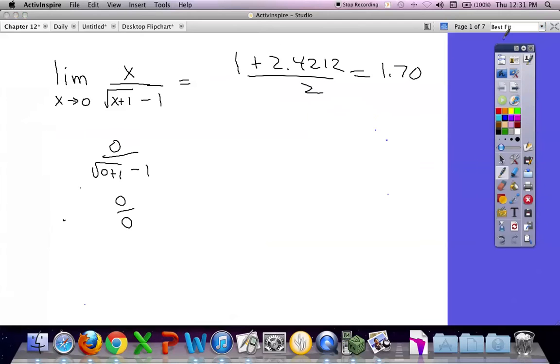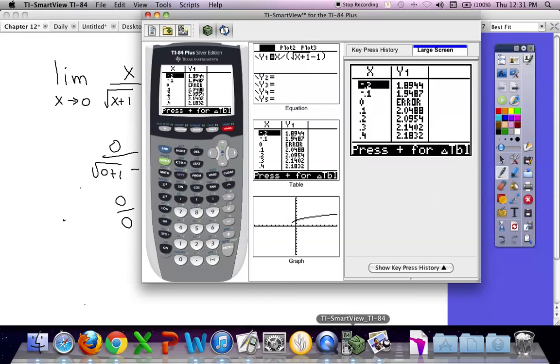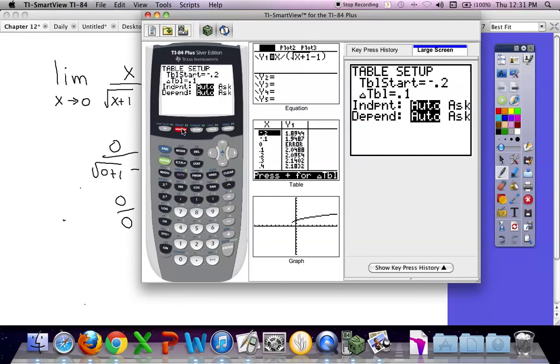Okay. Let's go back to the calculator again. What if we make the increment instead of 0.1, let's make it 0.01. Second table, so I'll make this -0.02, 0.01. Look in the table.